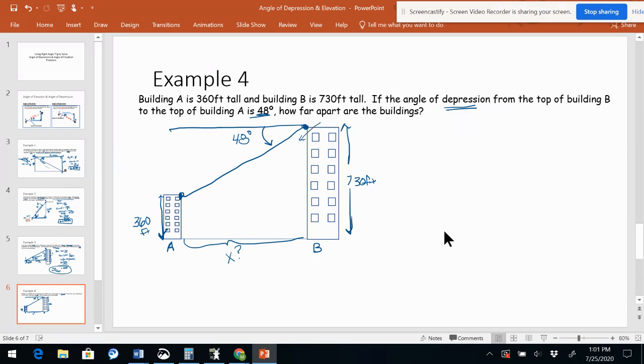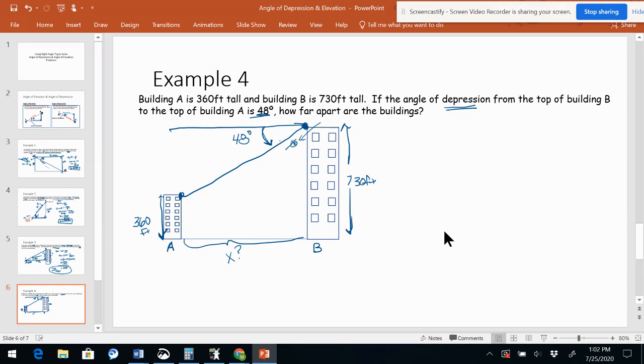It is not that angle. You have to start at your origin of line of sight, draw your horizontal line out, and this angle between the horizontal and your line of sight is your angle of depression, not this angle here. This is not the correct angle.